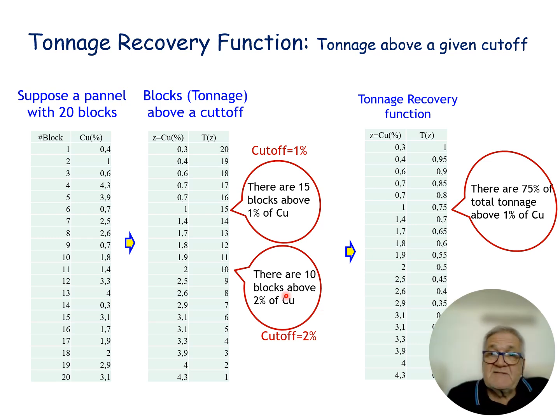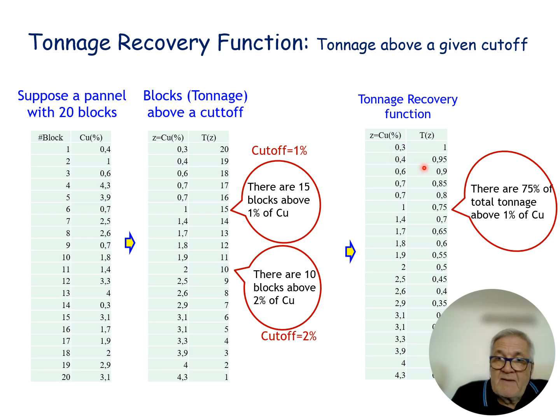Okay, so if we assume each block has a given tonnage, for example one block, 1 ton, we can represent the same table here, but related to the tonnage above a given grade in terms of relative tonnage.